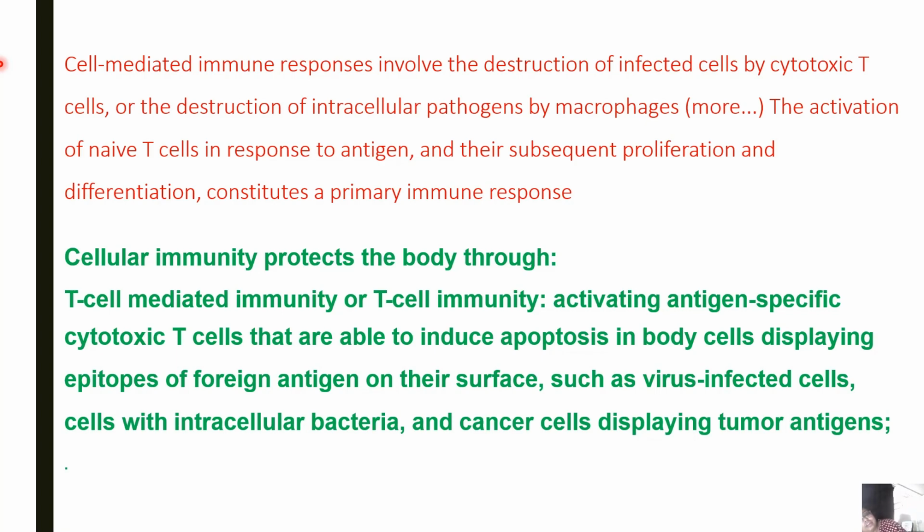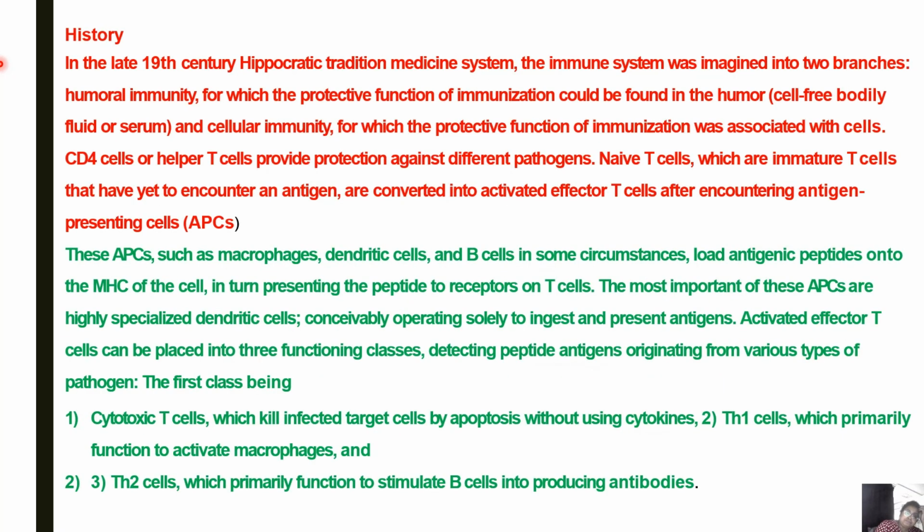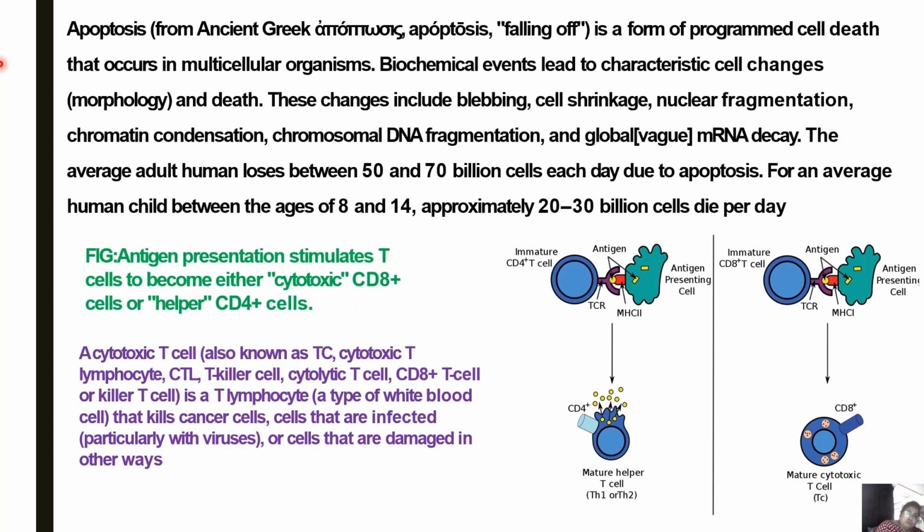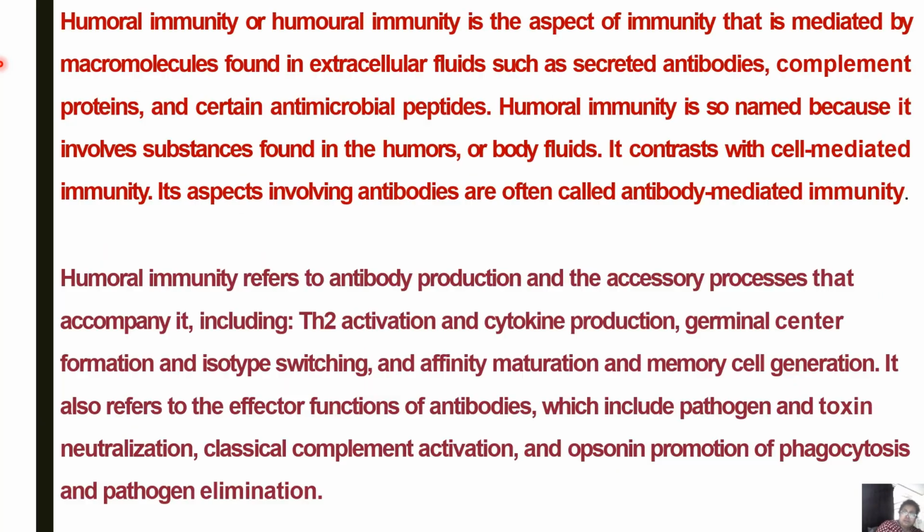Now, cellular immunity protects the body through T cell mediated immunity, like activating antigen specific cytotoxic T cells that are able to induce apoptosis in the body cells displaying epitopes of foreign antigen on their surface, such as virus infected cells, cells with intracellular bacteria, and cancer cells displaying tumor antigens. Again, we'll not go into too much detail.